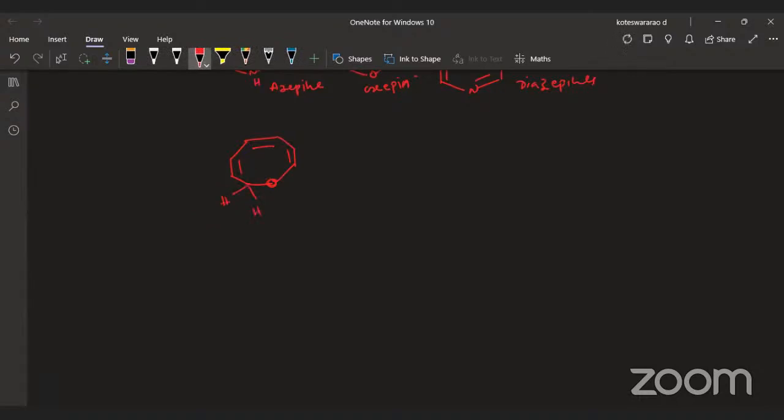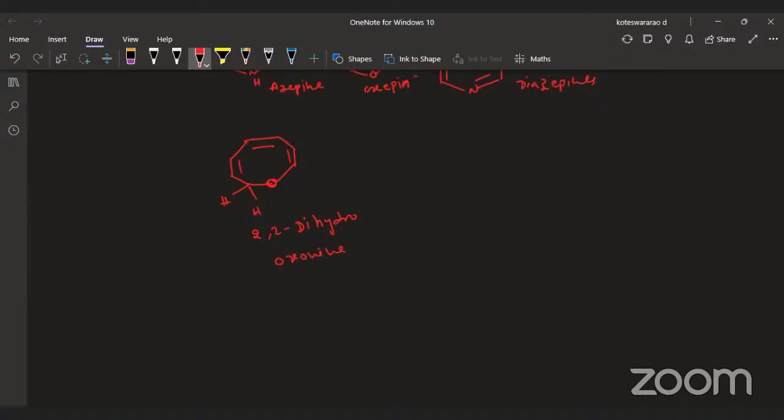Now it is known as dihydro oxocine. This is one 8-member ring.